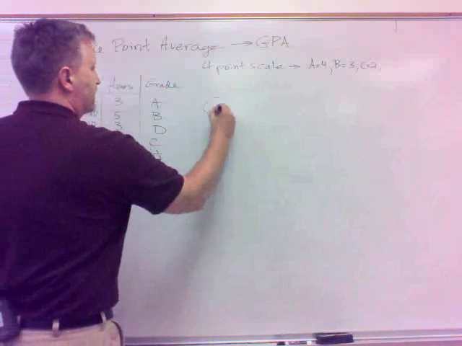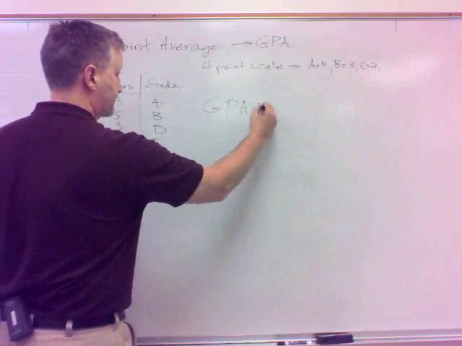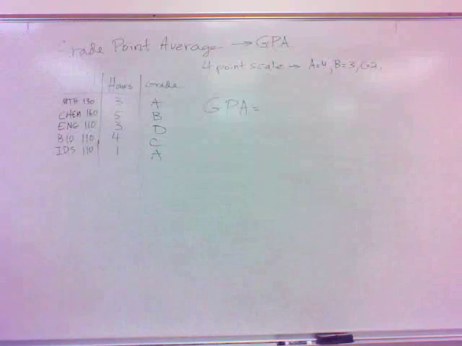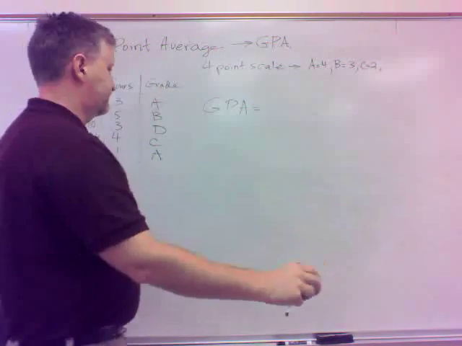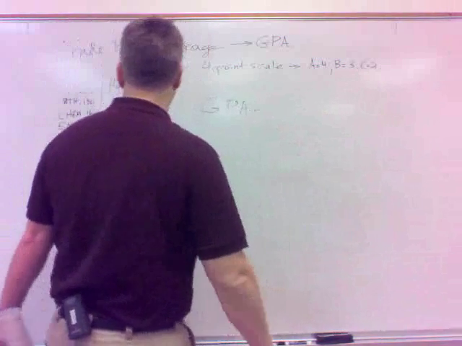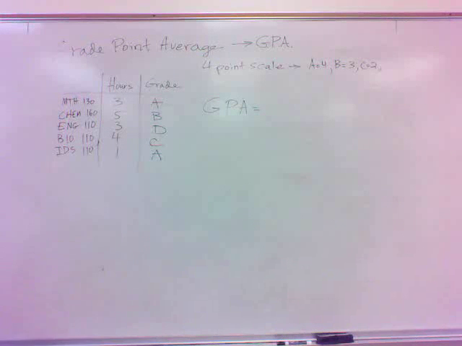So how do we do that? Well, like I said, it's similar to that mean from a frequency distribution. I want to take the total of everything and divide by the total number of values there are.